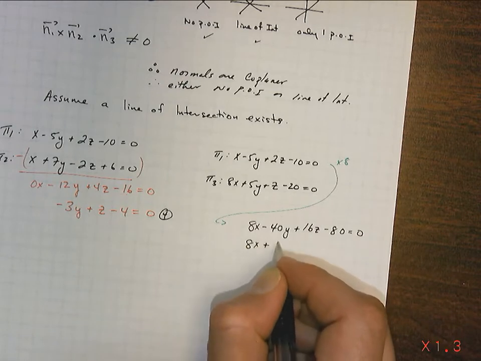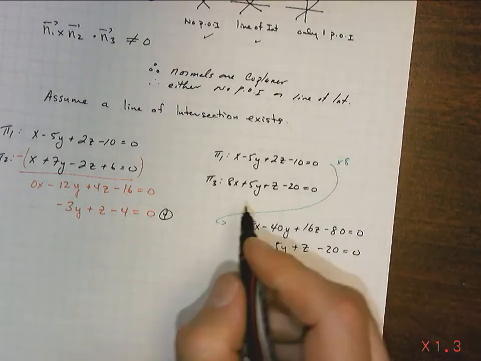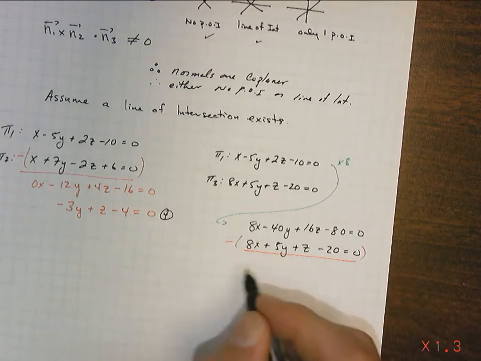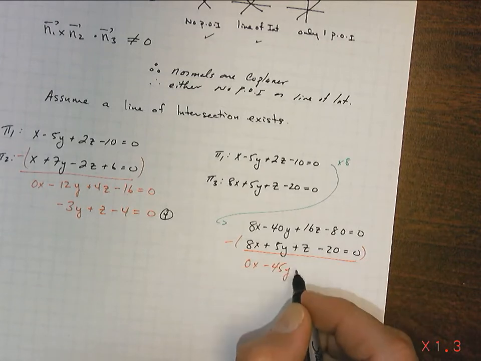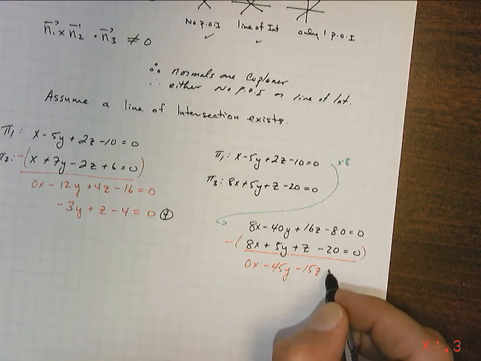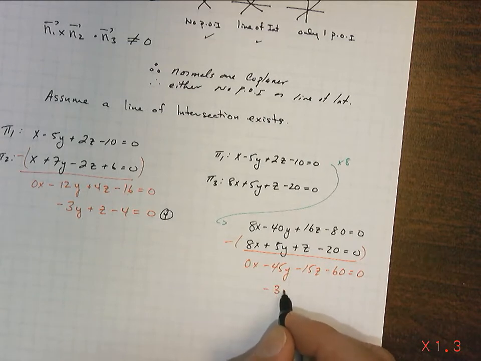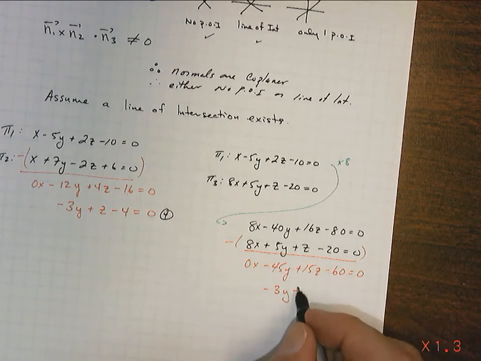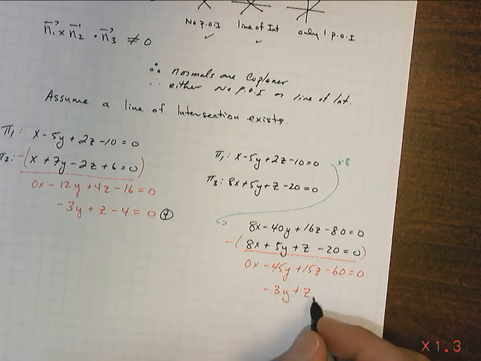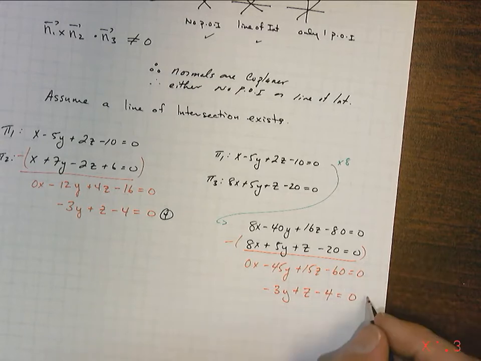And 8x plus 5y plus z minus 20 equals 0. We're going to use elimination here. That's going to give me 0x minus 45y minus 15z minus 60 equals 0. I can reduce this. It'll be negative 3y. There's 3 15s in 45. There's 1 15 in z. That should be plus, I believe. So plus z, and this should be minus 4 equals 0. And we'll call this equation 5.